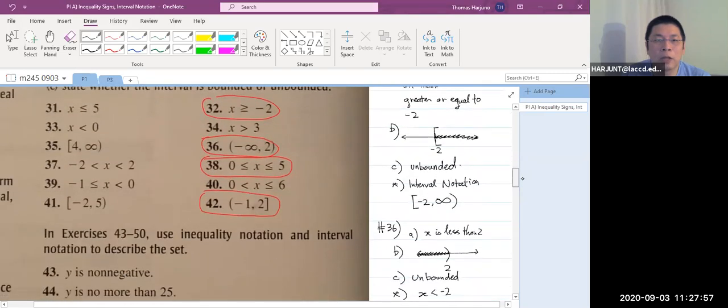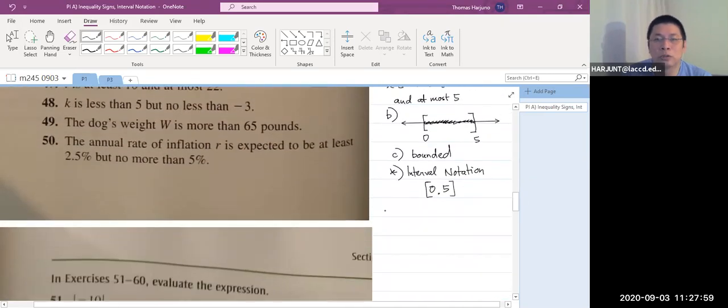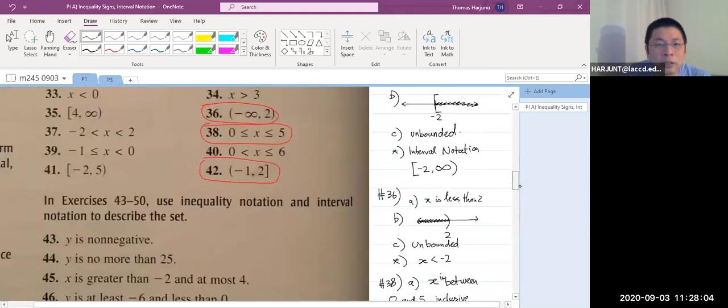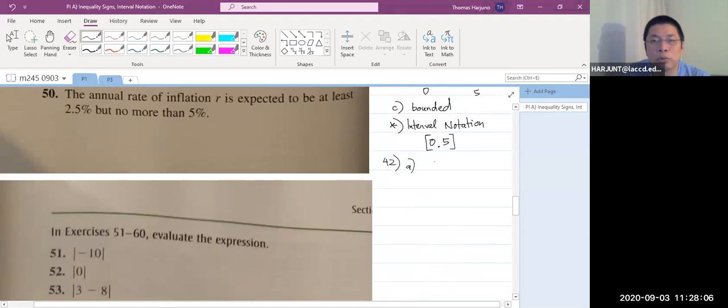Then how about number 42? Number 42, the description. What's that? -1 with parentheses, 2 with bracket. So the verbal description will be x is all numbers greater than -1 but at most 2.